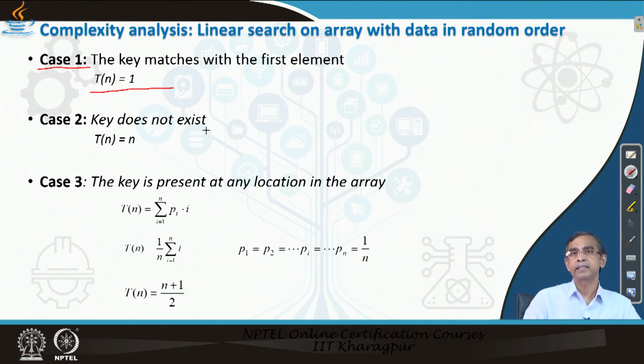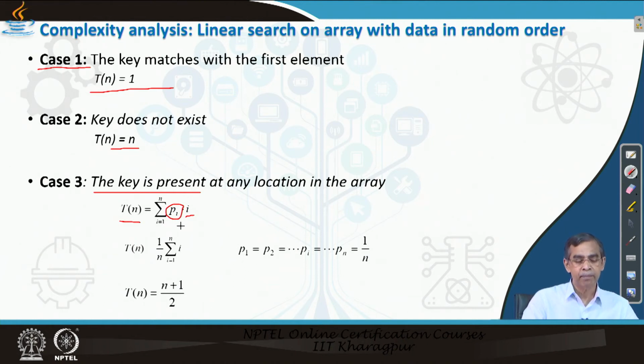On the other hand, suppose the element is not present in the list. Then you have to traverse from 1 to n, so the total cost of traversal is n units, or the total time complexity is n. And if k is present, it can be located at any position. If it is available in the ith position and pi is the probability that the element will be in the ith position, then this is the total time required.